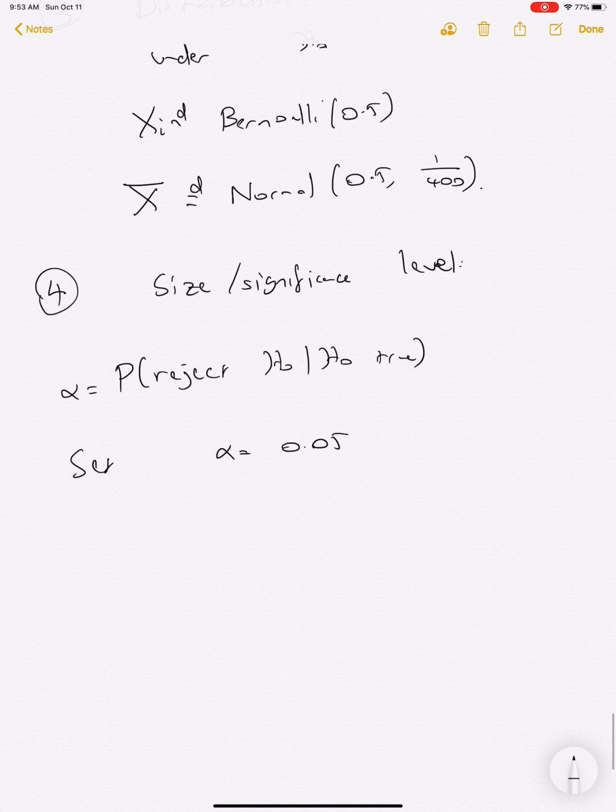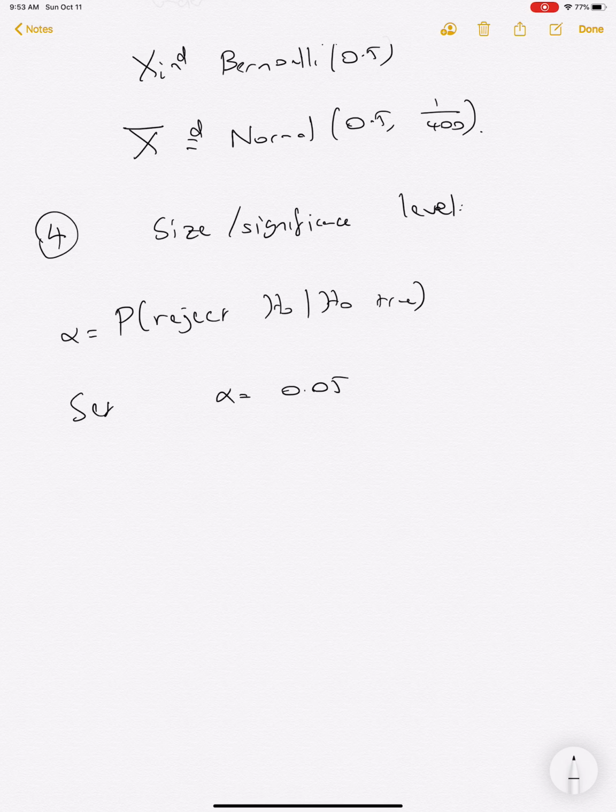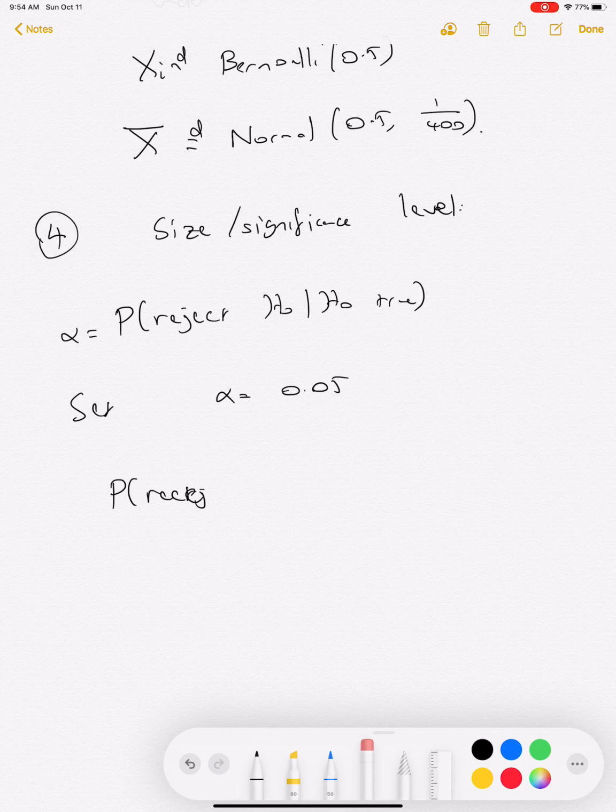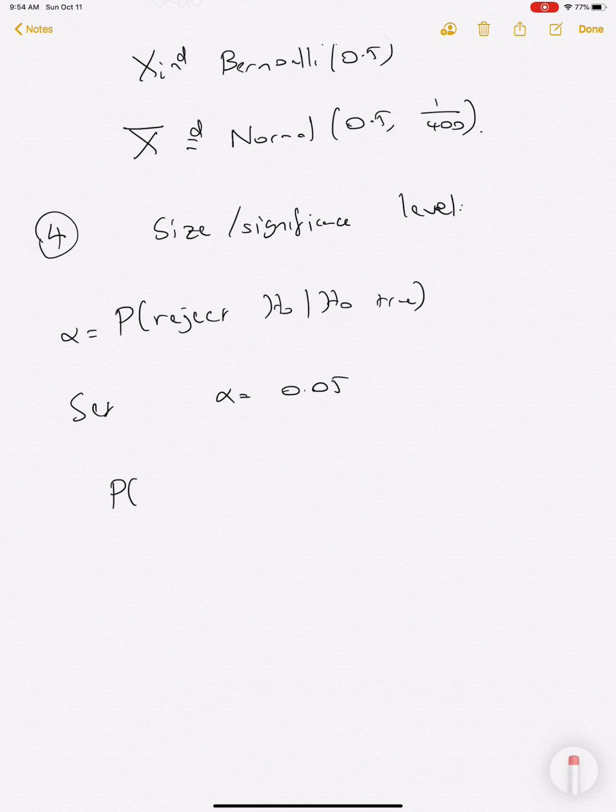Just remember that this is something we set. This is not something that you can determine from the data. This is something that you preset, and that's going to determine your acceptance regions.